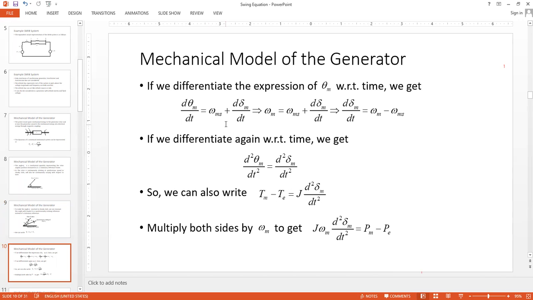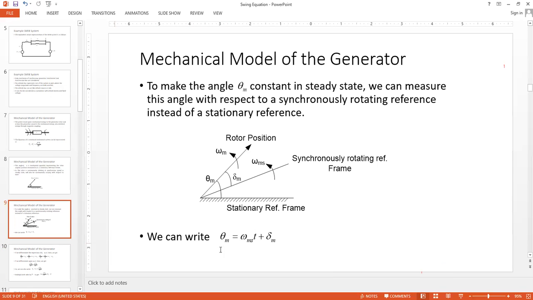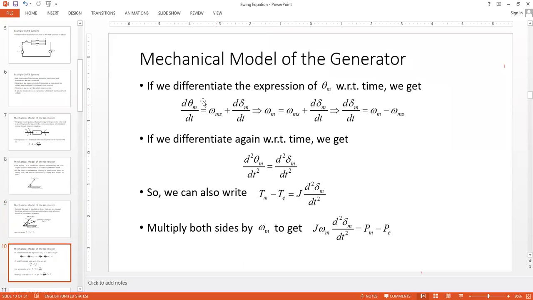Now if we differentiate this one, explicitly, without looking at this diagram, just for the time being, forget about this diagram, just differentiate this with respect to time. What do you get? D theta m over dt equals omega ms plus d delta m over dt, right? So this is what you get.